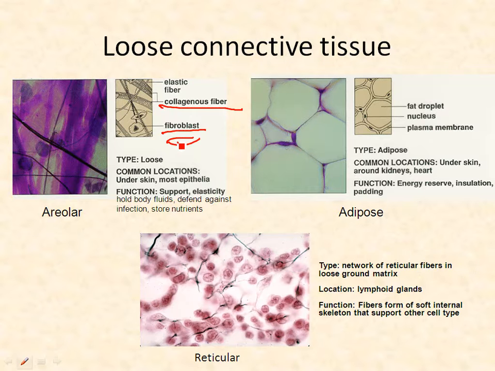Areolar tissue is the most common type of tissue, and it's a filler tissue found in almost all organs. It is typically found under the skin, under all mucous membranes, existing as lamina propria.